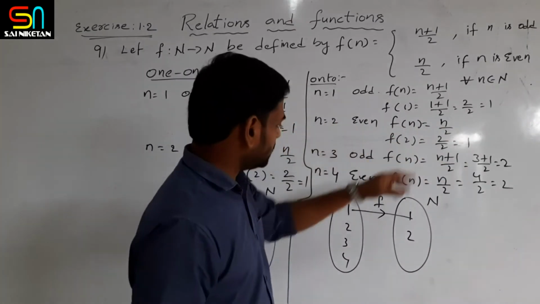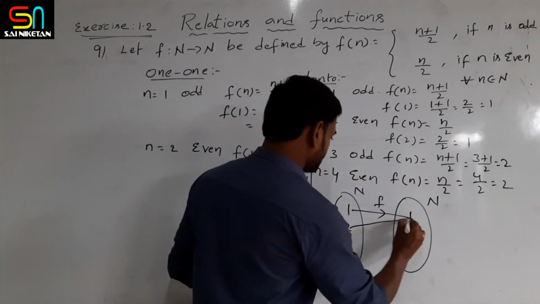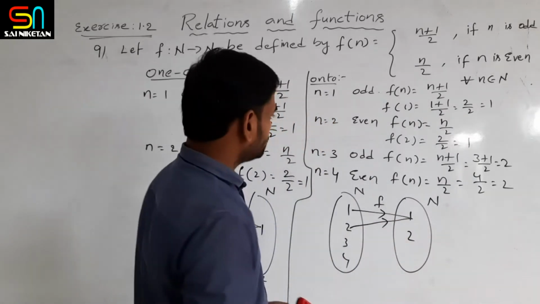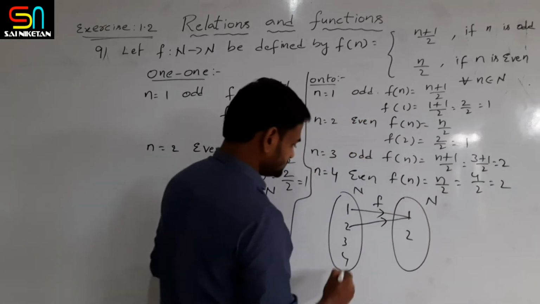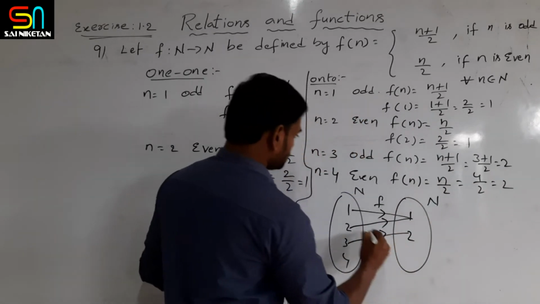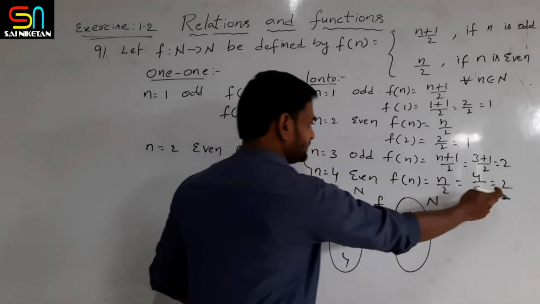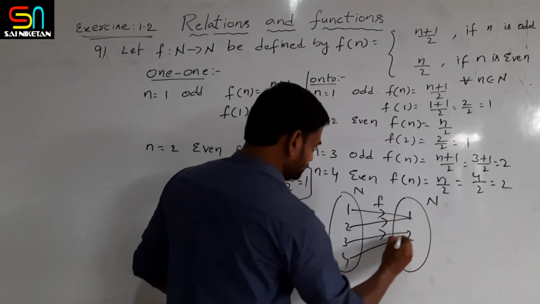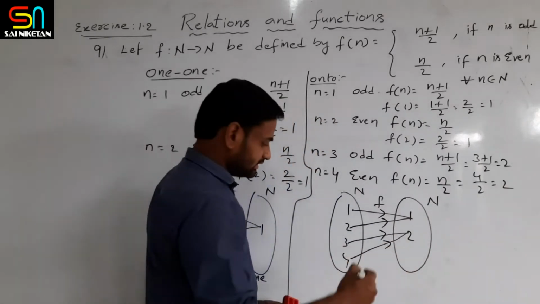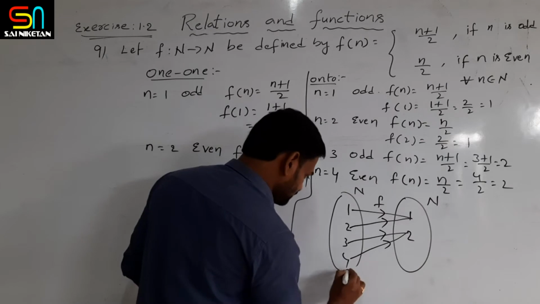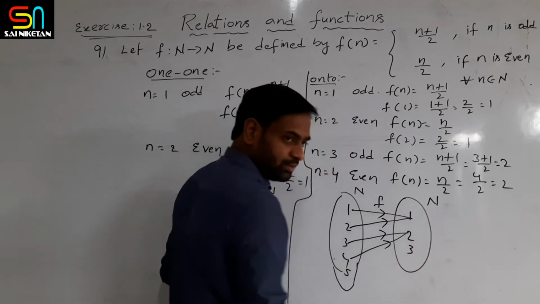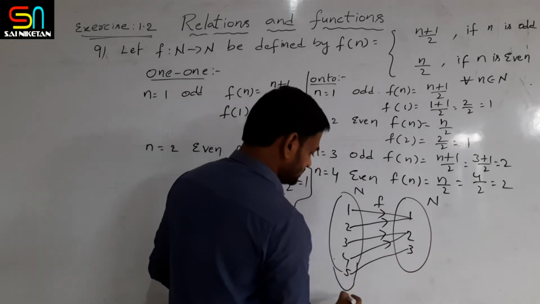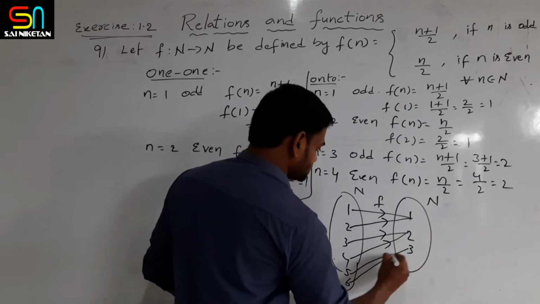That is 2 to 1. Next, if n value is 3, the mapping is 2. That is 3 to 2. Next, n value 4, f of n is 2. So 4 to 2. Like that. Suppose if you take n value is 5, maybe the mapping is 3. If you take 6 also, mapping is 3.